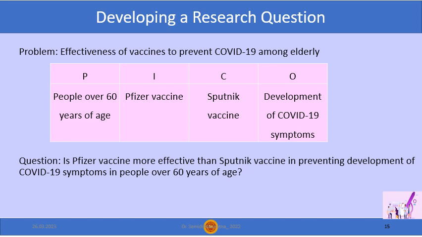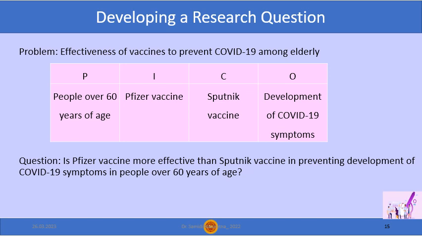Let's say now in this case, the effectiveness of vaccines to prevent COVID-19 among elderly. And other than this, it could be a health issue or a medical condition, a treatment, a dilemma, a patient outcome of interest, or any other relevant concern in the healthcare setting.